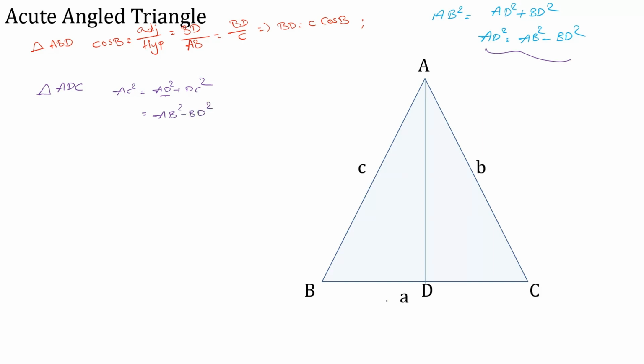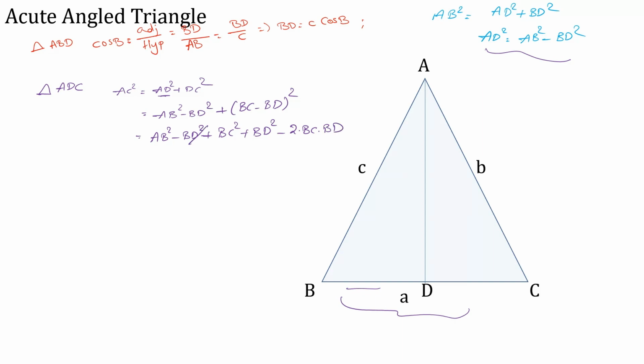And now from the triangle, DC can be written as this overall length BC minus BD, plus BC minus BD whole square. Expand this, that is AB square minus BD square plus, this is like (a minus b) whole square, so BC square plus BD square minus 2 into BC into BD.